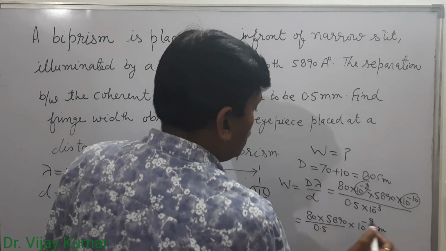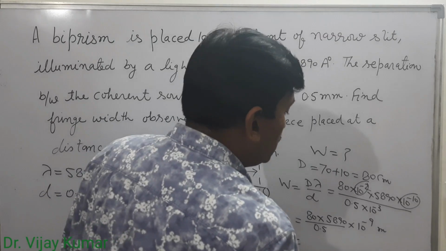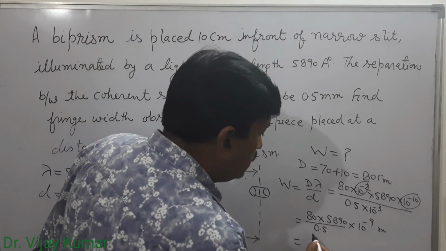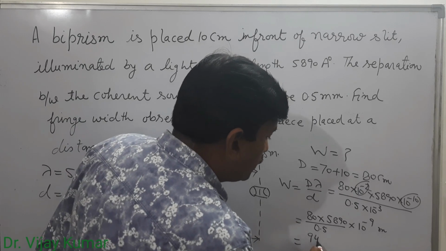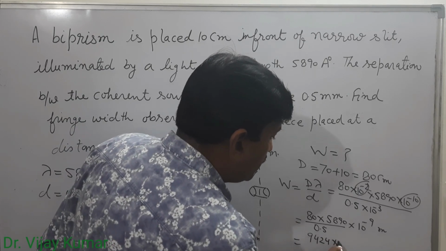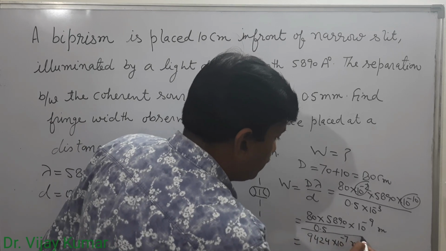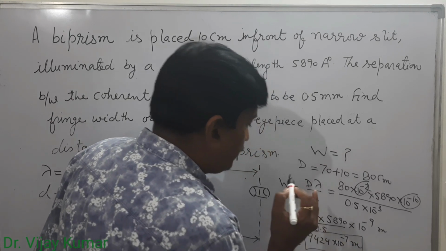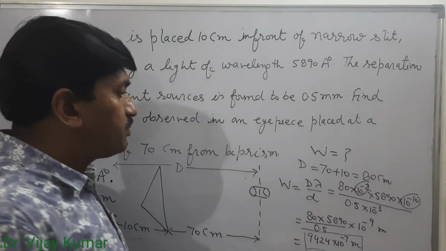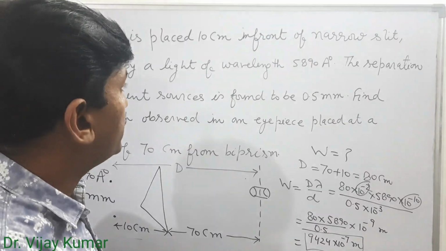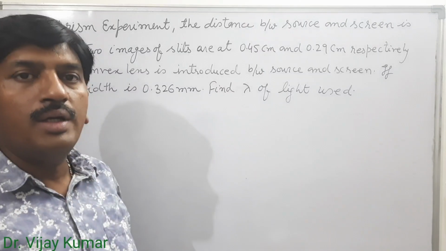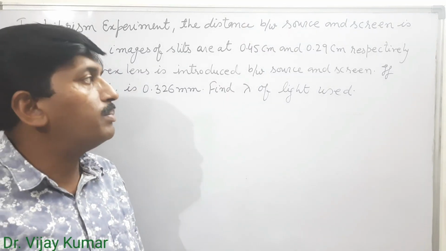This is in meter, and after solving it, it becomes 9424 into 10 to the power minus 7 meter. This is the fringe width. This is the first problem related to the Fresnel Biprism experiment, and now we will solve the second problem.